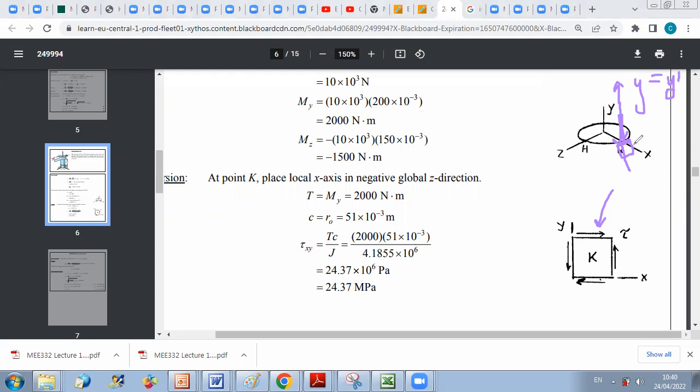And I consider the second axis, which is like this, x prime, to have a rotation from x prime to y prime, as we said, in the counterclockwise direction. So you can say that the x prime axis presented here is opposite to the global z direction of the frame given in the figure.